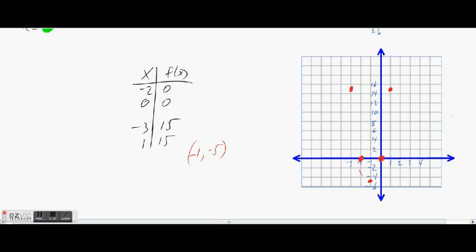Alright, and then draw a nice smooth curve. Oh, that was horrible. You guys can do a whole lot better than I can. But there you go. This is what you guys wanted. You wanted me to help you with graphing quadratics. Alright, I hope it helps.